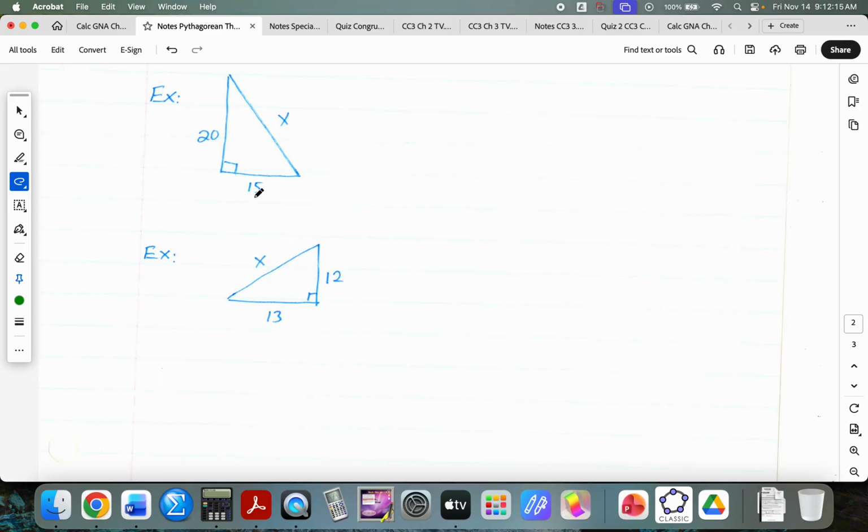You're like, I don't know that triple. Well, what are both of these evenly divisible by? 5. This is 5 times 4, and this is 5 times 3. The triple is 3, 4, 5. So the hypotenuse will be 5 times 5 is 25.